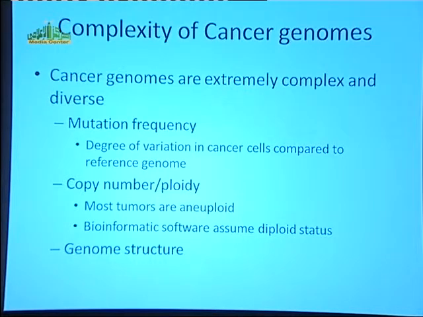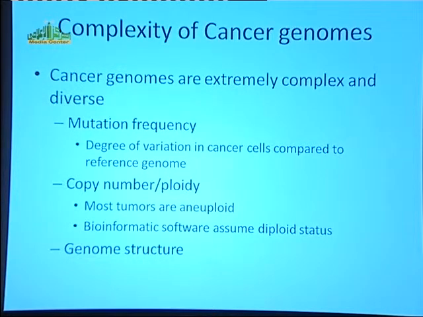Also, most tumors are aneuploid, which is to say that they have increases or decreases in their genetic material, whereas much of the bioinformatic structure associated with next-generation sequencing, currently at least, addresses a diploid status.